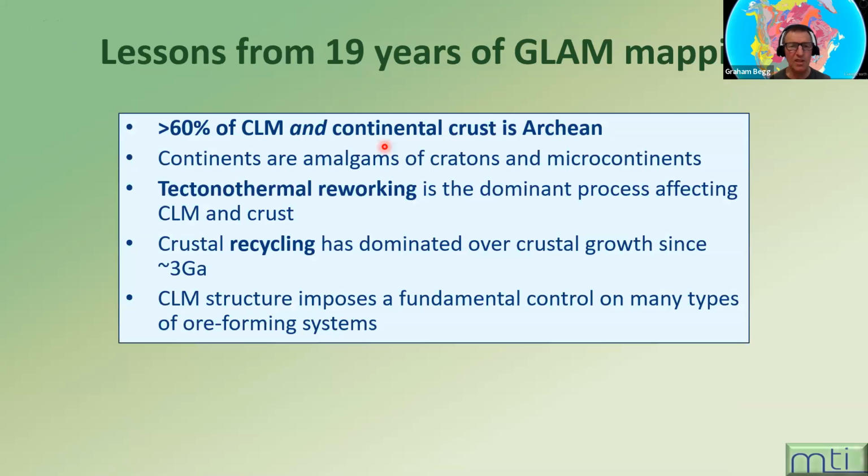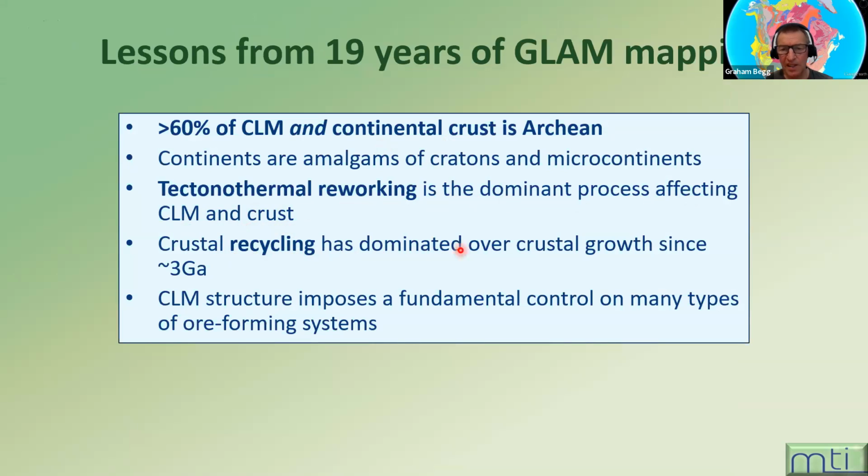This is my conclusions. More than 60% of the continental mantle and continental crust is Archean. Continents are amalgams of cratons and microcontinents, and those microcontinents are ancient, as we saw for the southern US and the Arctic shelf, etc. Tectonothermal reworking is the dominant process affecting the continental mantle and crust.